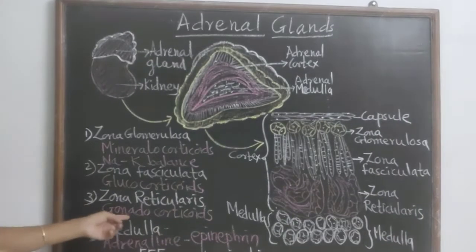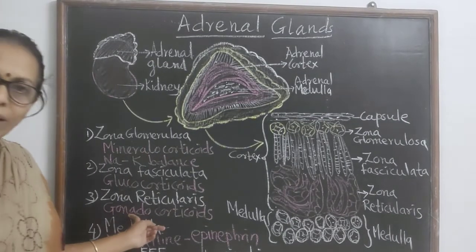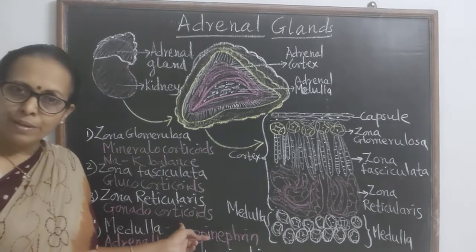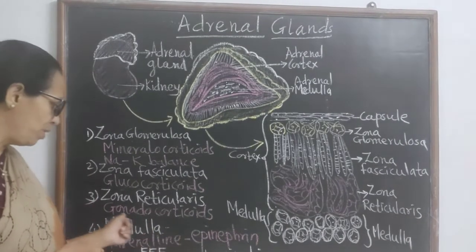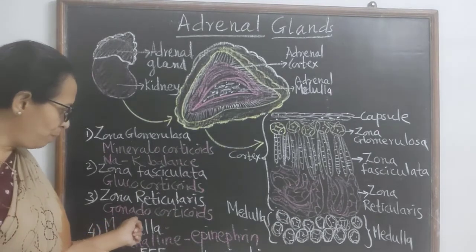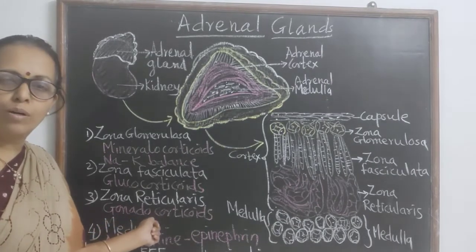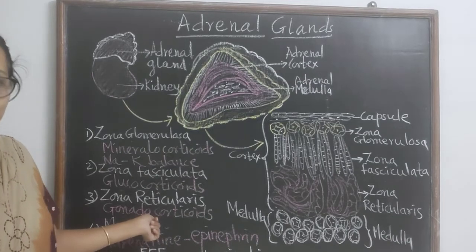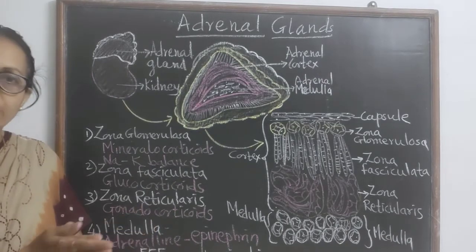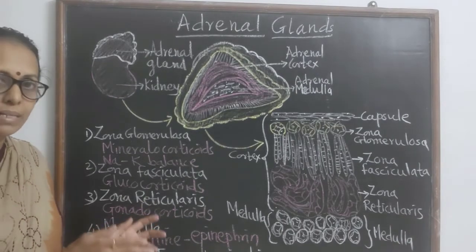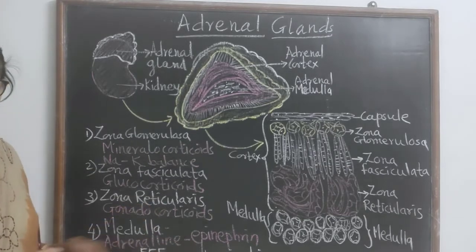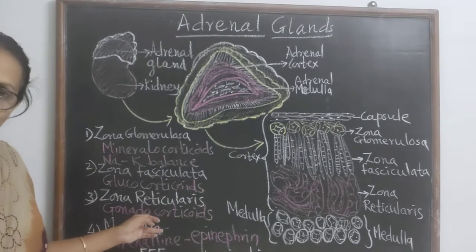The third layer, the zona reticularis, secretes gonadocorticoids, the corticoids involved in the proper activity of gonads, that is the reproductive organs, especially the secondary sex characters. In males and females, they are controlled by these hormones, the gonadocorticoids.